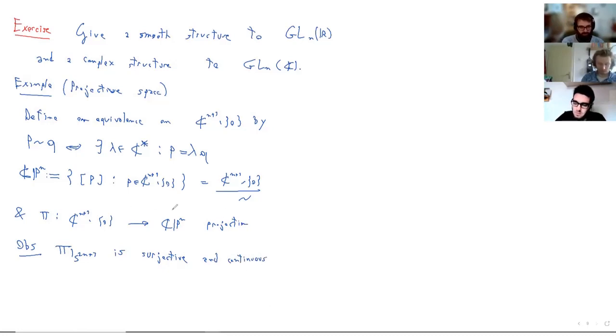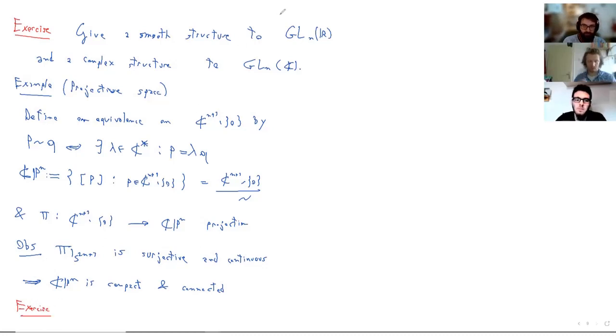For every point here, there exists, not unique, but there exists a representative on the sphere, so this is definitely surjective. And continuity, I think, is obvious. So this gives us that CPn is compact, because it's the continuous image of a compact set, and also connected as the continuous image of a connected set. Okay, so these are a couple of things about projective space.